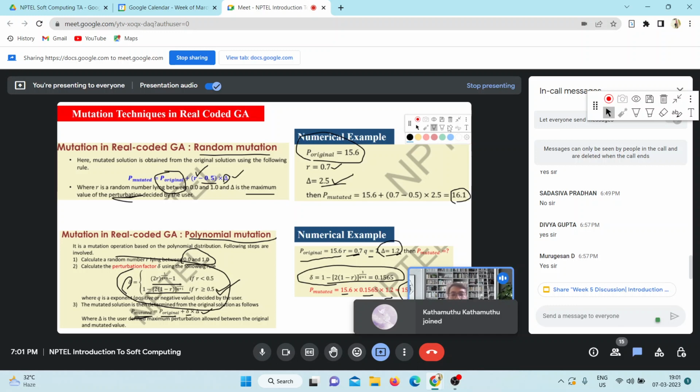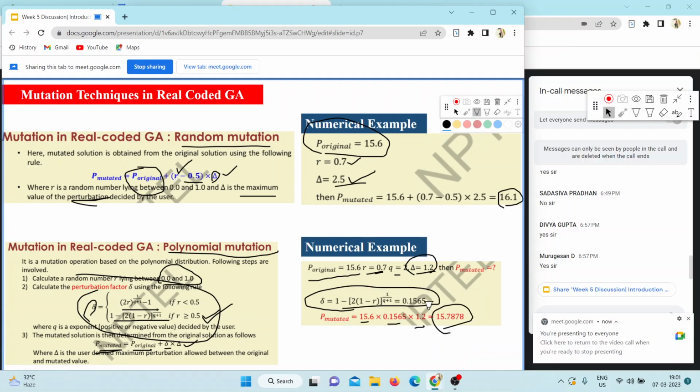Any part you can ask. Is there any question in this too? Okay, so I hope there is no question in these two numericals.